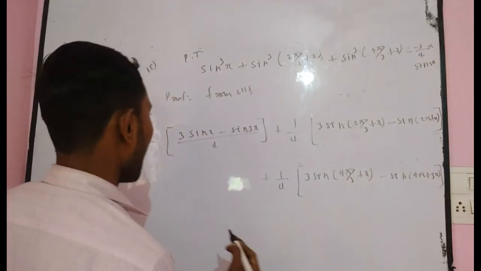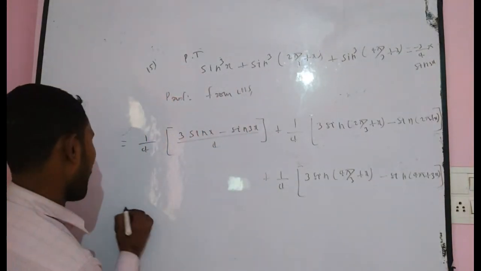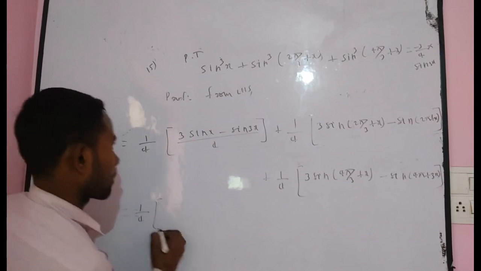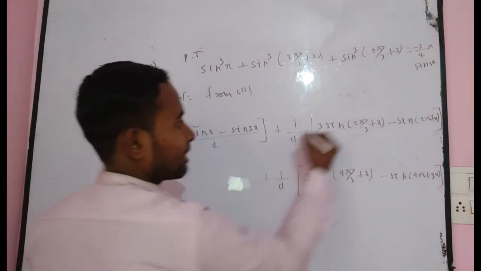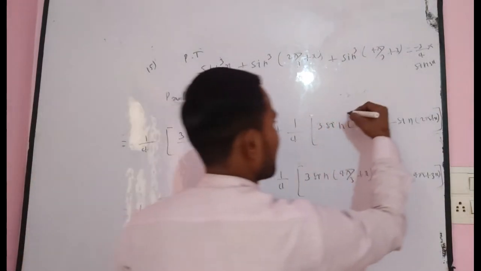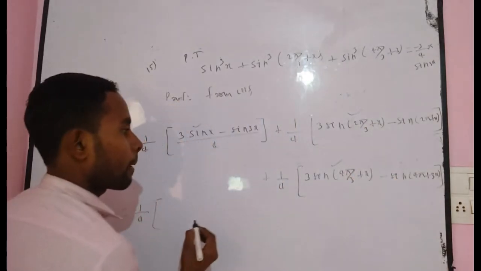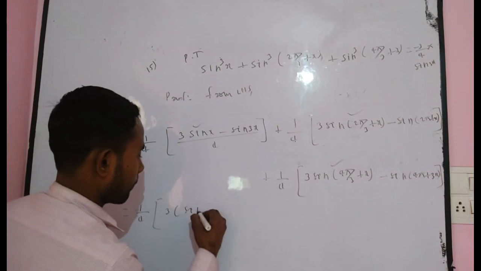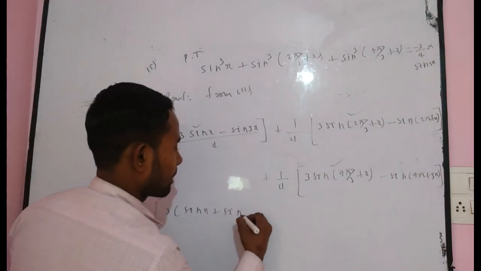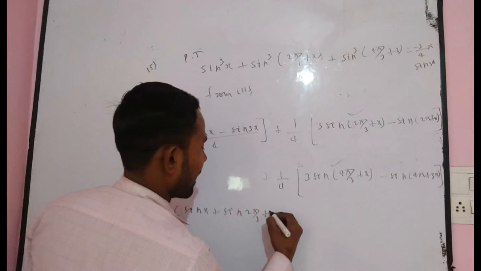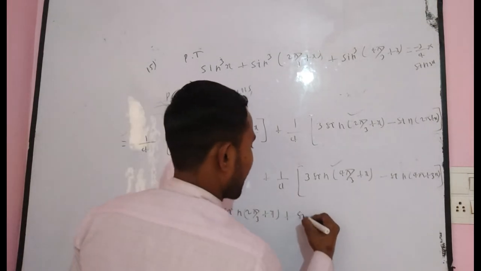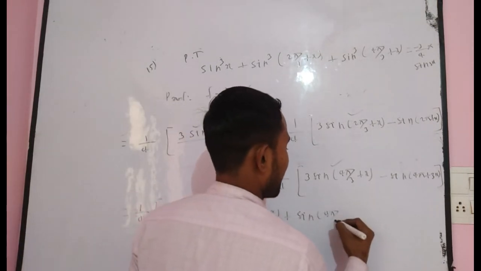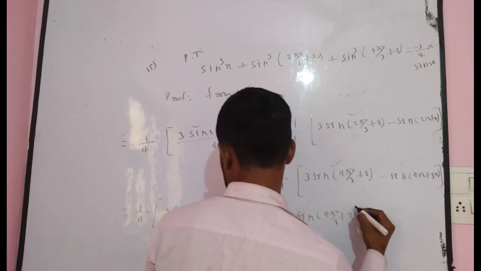And now there is a simple rule. You have to take common 1/4 from the whole expression. What do you get? 3 sin x, 3 sin(2π/3 + x), 3 sin(4π/3 + x). Then you get 3 times the bracket of sin x plus sin(2π/3 + x) plus sin(4π/3 + x).